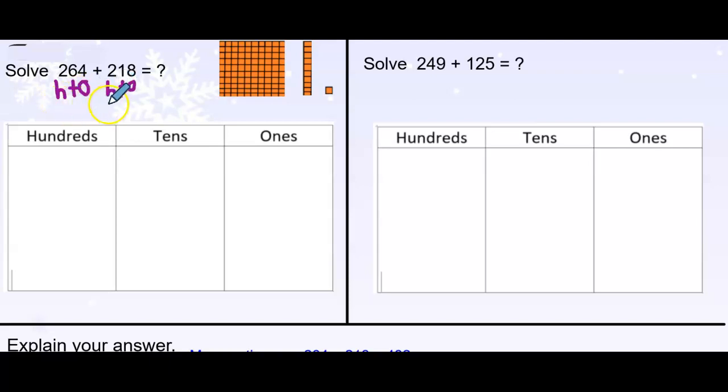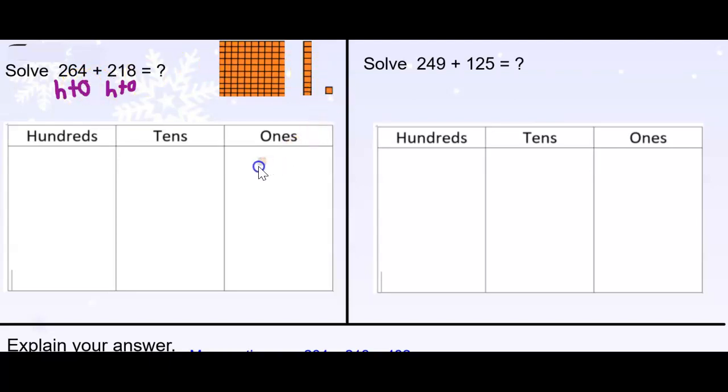Now, boys and girls, we know how many blocks to pull from each section or place value when we're building our numbers to solve this problem. So let's build our first number, 264, starting with our ones place numbers.